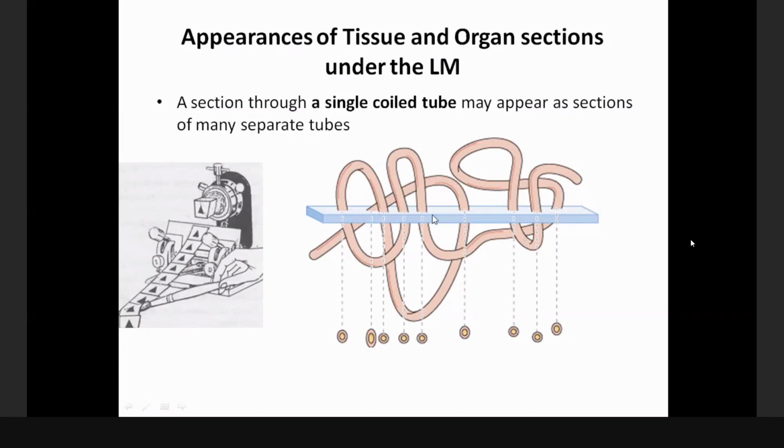So you have to have this type in mind when you come to the histology lab, looking at slides under the microscope. Again, the appearance of tissue depends on the plane of section, as well as on the gross structure of an organ. That's a very important thing to have in mind.